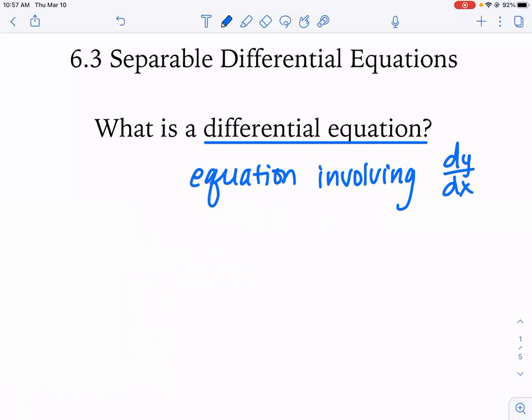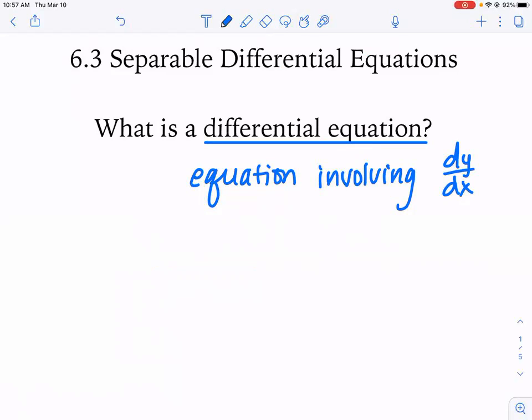The whole point is that we start out with something involving the derivative, and we want to eventually figure out what the original equation is. It might not be a function, so I don't want to say f of x. It might not pass the vertical line test, but we want to know what our original equation is. Maybe it's x squared plus y squared equals 5 squared. But we're going from derivative to equation.